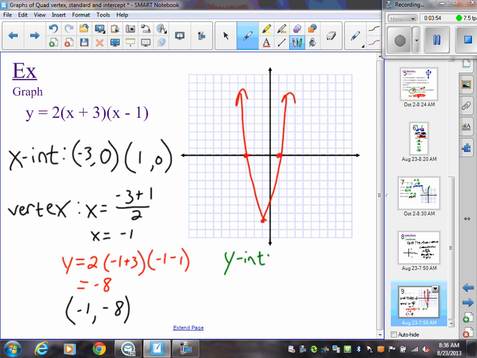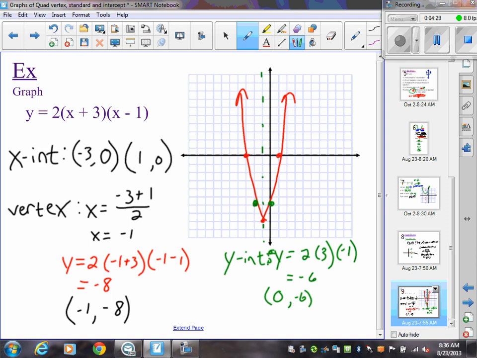So y equals 2 times 3 times negative 1. Therefore my y-intercept occurs at negative 6, which keep in mind is a coordinate point: 0, negative 6. Pretty close. Then I can do my symmetric point. This is my axis of symmetry. Reflect it over. There's a symmetric point. I have my 5 points now for my graph. Five points just makes it a little easier to see.